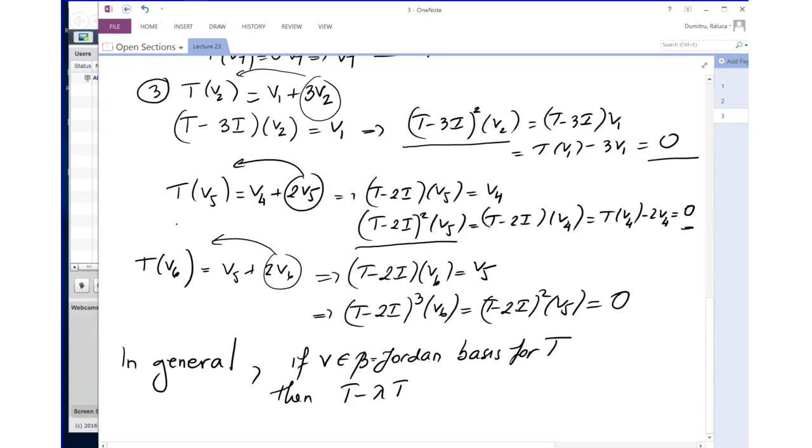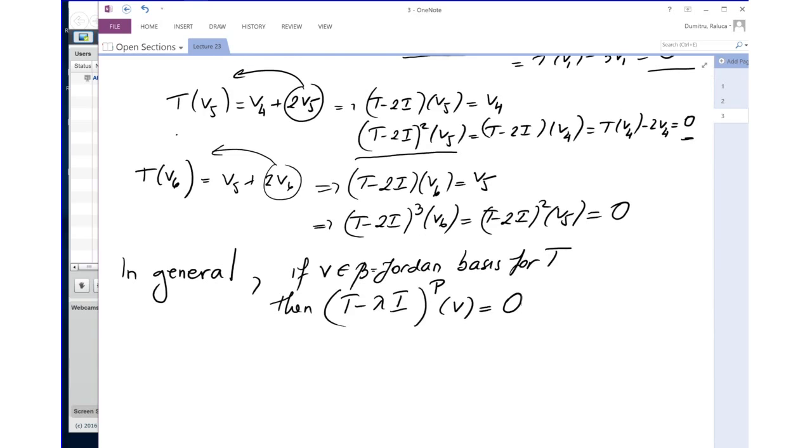And V is then going to be in the block of some lambda. Lambda is the thing on the diagonal of that block. And (T minus lambda identity) raised to some power P applied to V will be 0, for some integer P greater than or equal to 1.